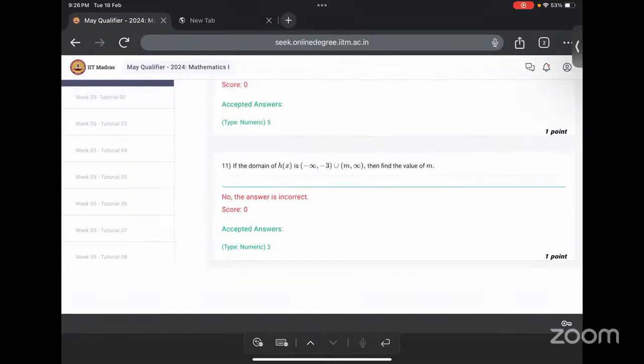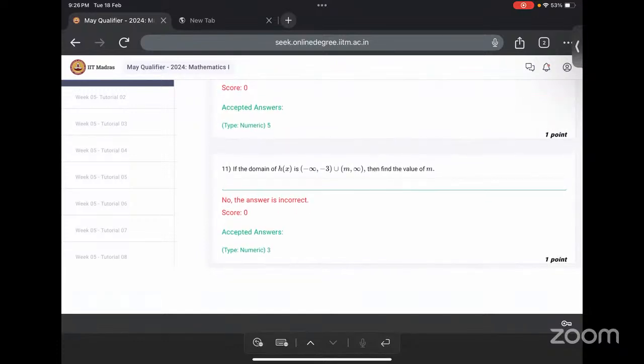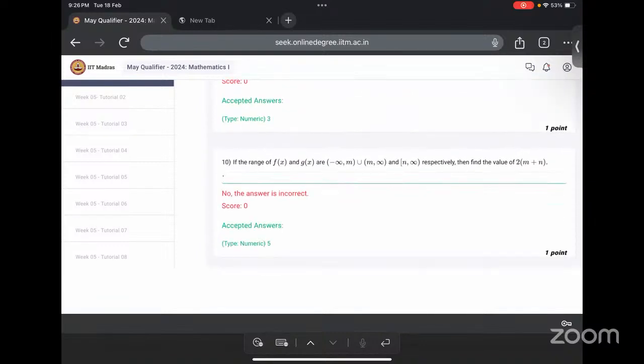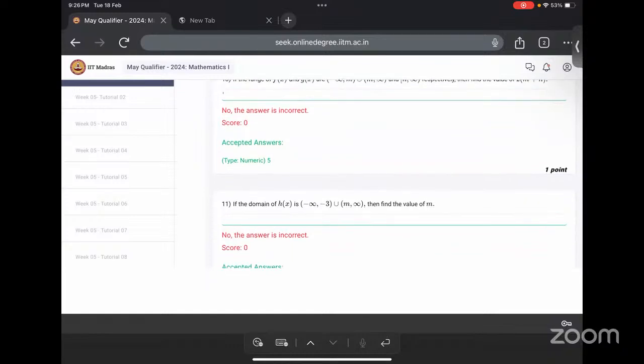What about the 11th one? We have to compute the domain of the composite function. H is f composed with g. So what is the domain of H? You just calculate and let me know the value of m.